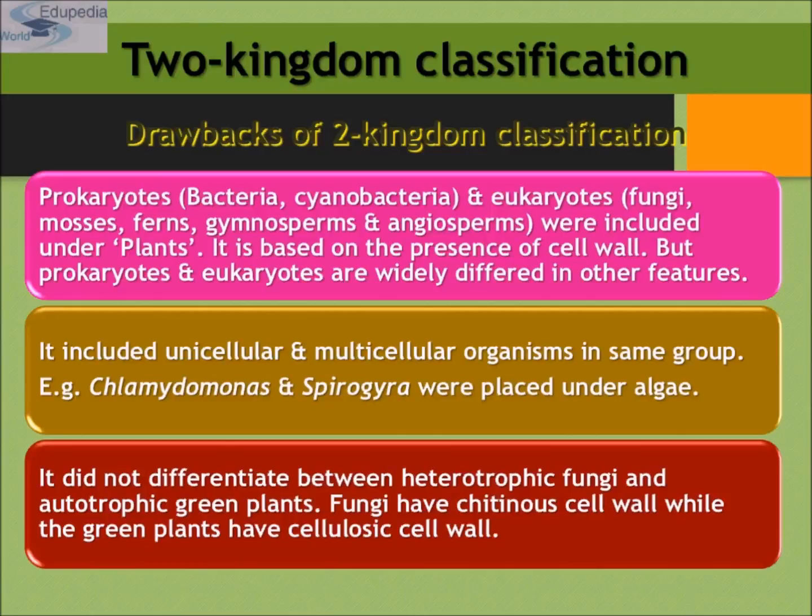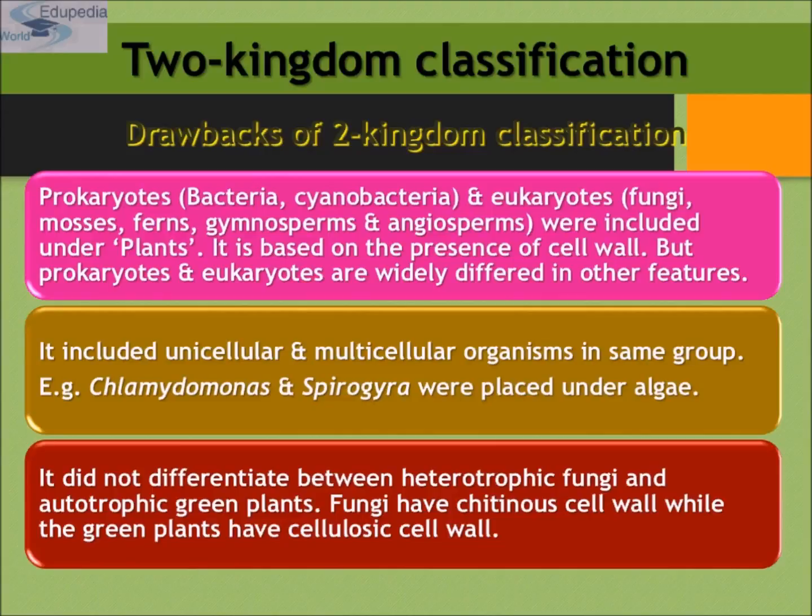And the fifth disadvantage of the two-kingdom classification is that organisms like diatoms are placed under the plant kingdom, while protozoans are placed under the animal kingdom. These organisms are of the same level of organization and they reproduce by fission, yet they are placed in different kingdoms.